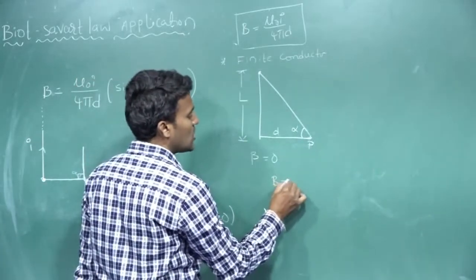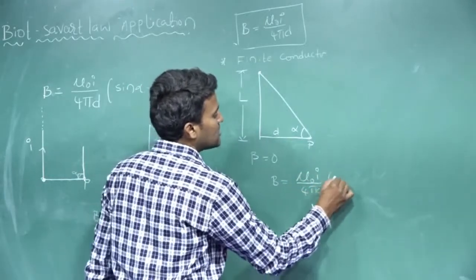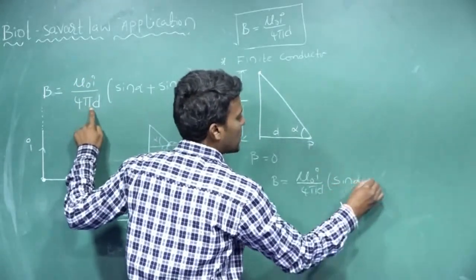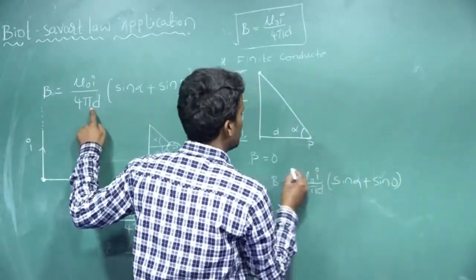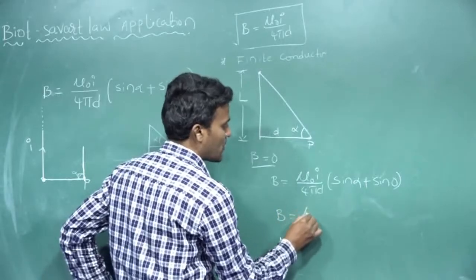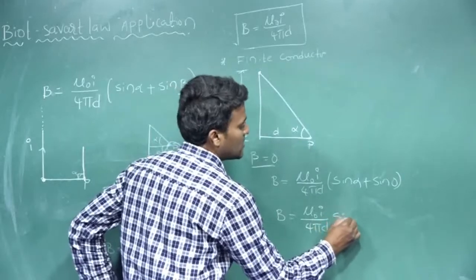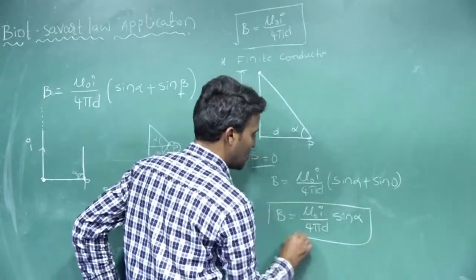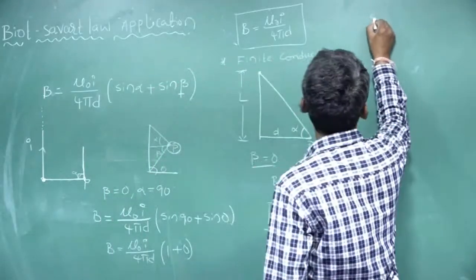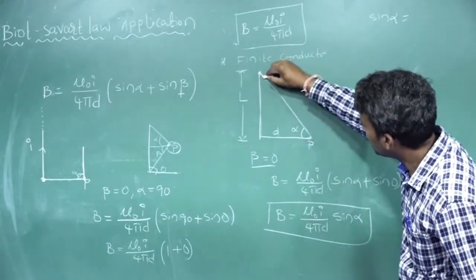B is equal to mu naught I divided by 4 pi d, into sin alpha plus sin beta. Beta is equal to 0, so B is equal to mu naught I divided by 4 pi d, sin alpha. This is the formula. Now we can simplify it. Sin alpha is equal to opposite side divided by hypotenuse.